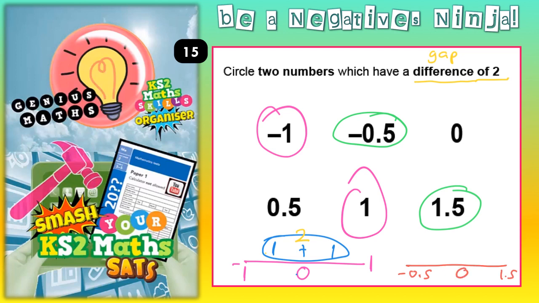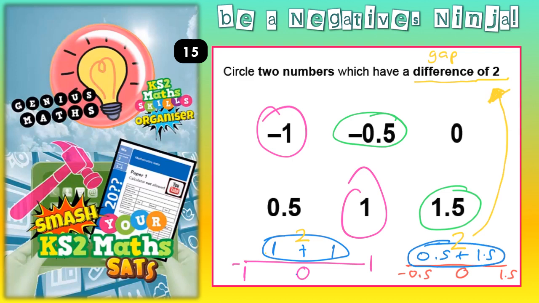If you look at the gaps separately, then 0 to 1.5 is 1.5, and 0 down to -0.5 is 0.5. But again, if you add these two together, 0.5 add 1.5 is a total gap of 2, which also satisfies the question, a difference of 2.